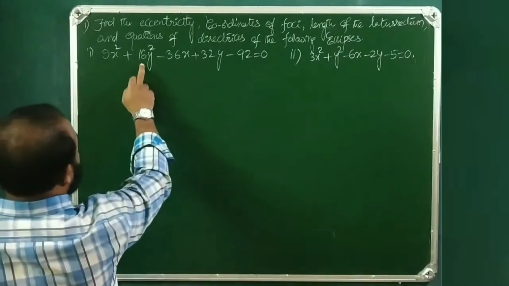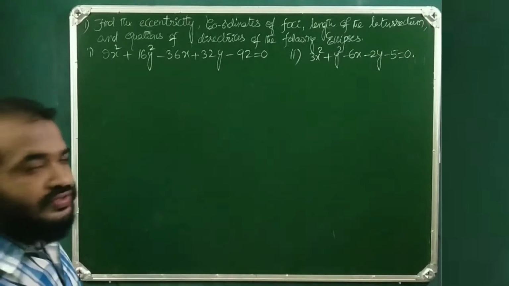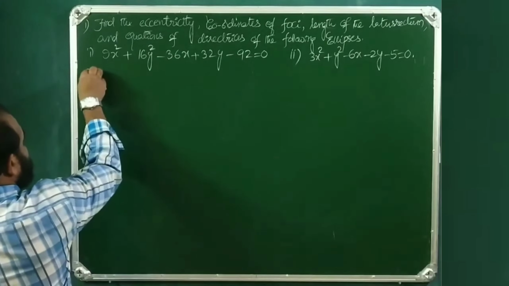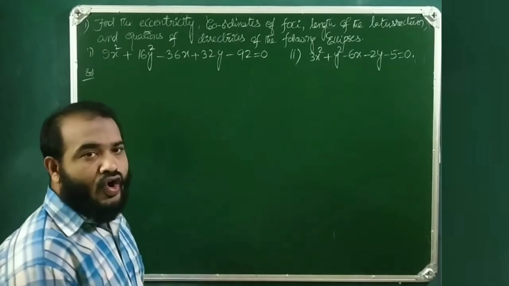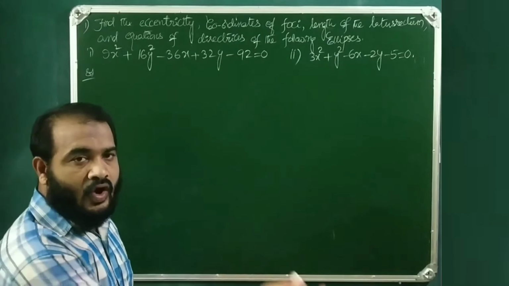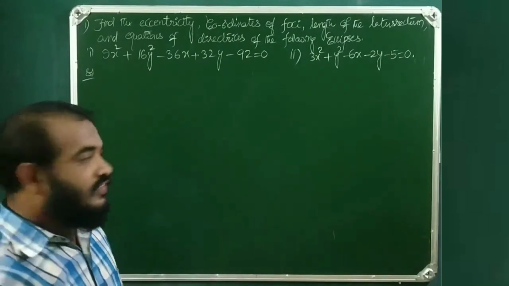case: 9x² + 16y² − 36x + 32y − 92 = 0. Let us try to solve this. Let us write all the x terms on one side and the y terms and constants on the other side.